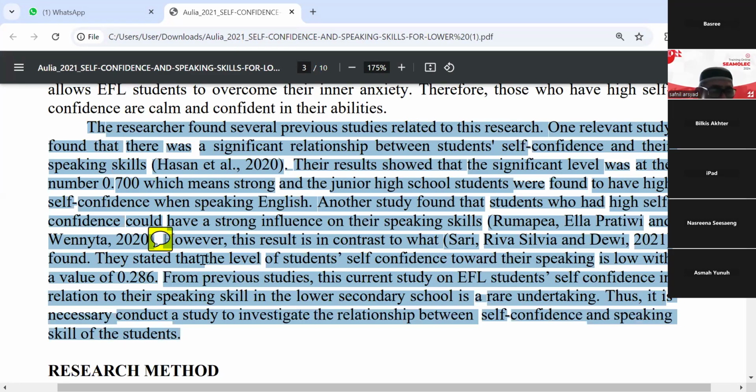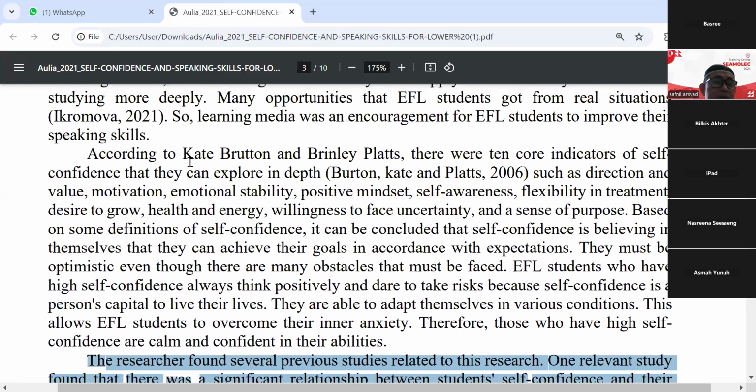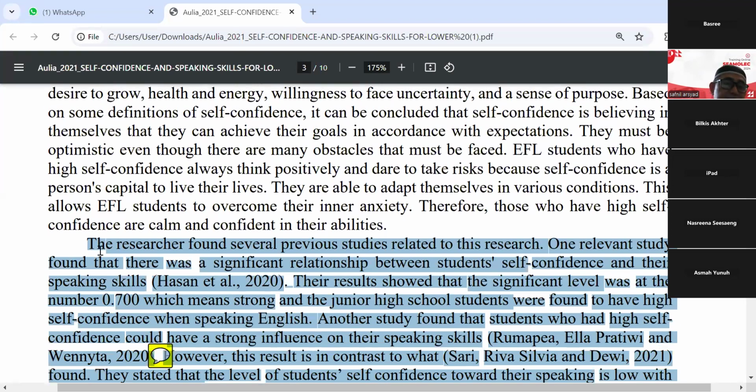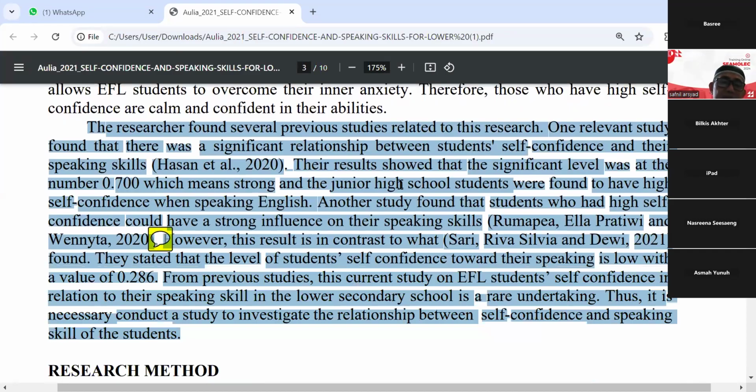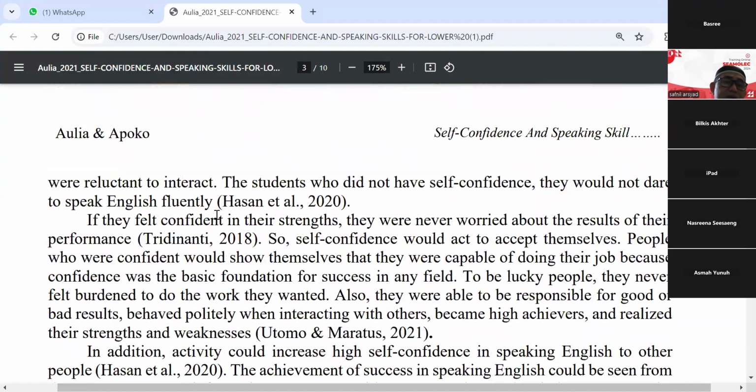The review of research findings, research results, not what other people think or say about the topic, not other people's opinion, not the theory. Theory means what authors have written about it. You can compare this. From here down, this paragraph is the only literature review, while what is before it is not literature review.